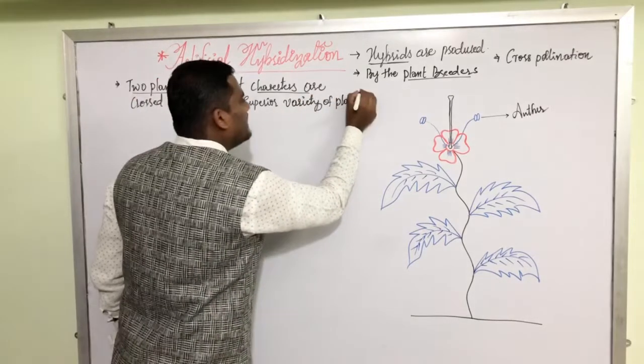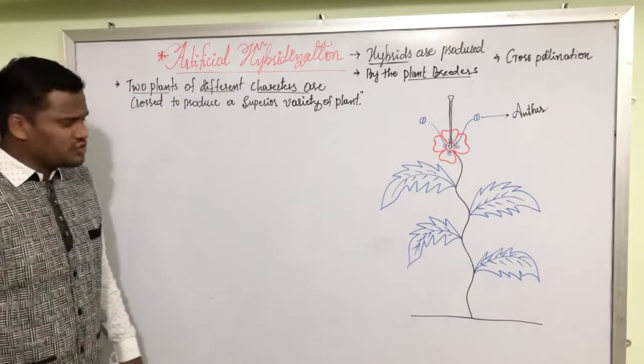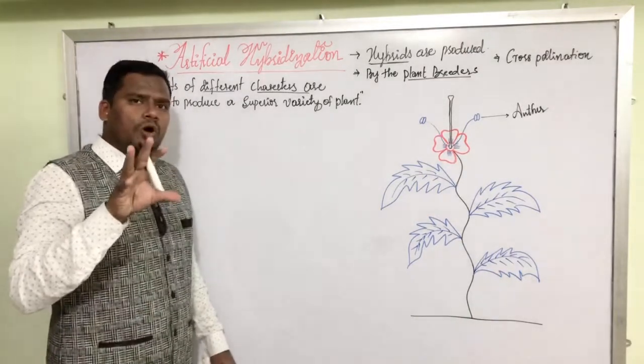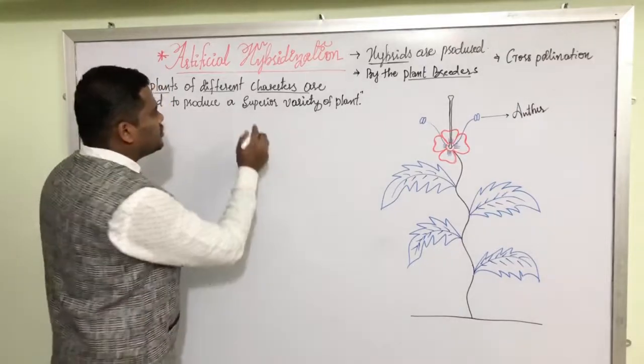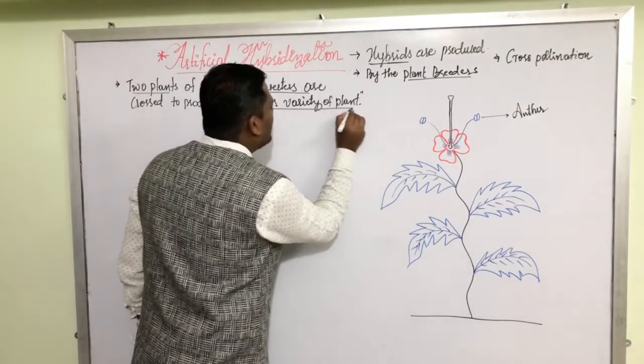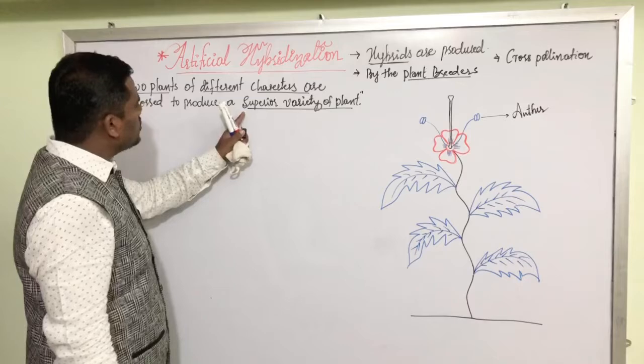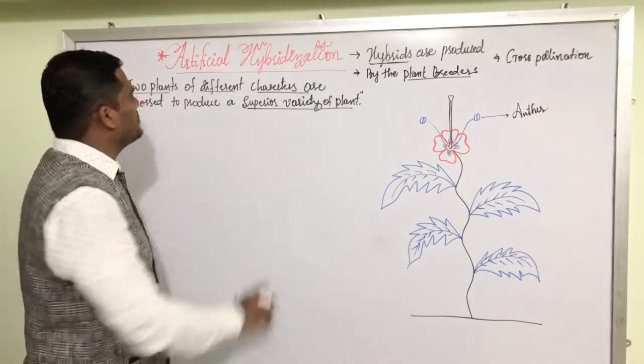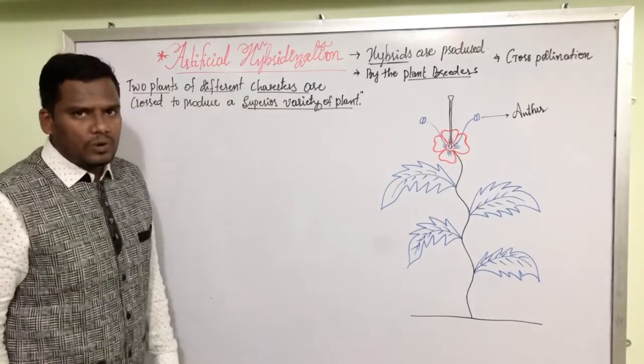This is the scientific definition of hybridization, and the ultimate intention, the main objective of the hybridization process, is to produce a superior variety of a plant by crossing two different plants of different characters. This is the hybridization process.